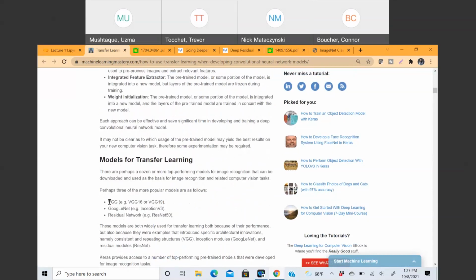Here are the 3 models they're showing how you can get started with: the VGG16 or 19, the GoogLeNet version 3, Inception version 3, and then the residual network ResNet 50, again one of the variants of ResNet. So this article actually shows you in detail how you can pick one of these up and just get started from there.